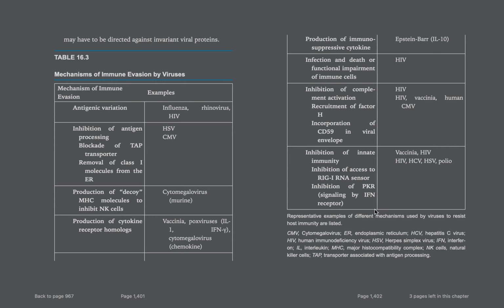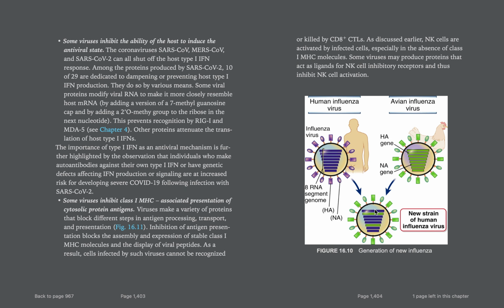This is in HIV, Yersinia, human cytomegalovirus as well. Inhibition of innate immunity: inhibition of access to RIG-I, RNA sensor, inhibition of PKR signaled by interferon. This is mostly in Yersinia, HCV, and polio. So those are the ones that can cause that particular problem.